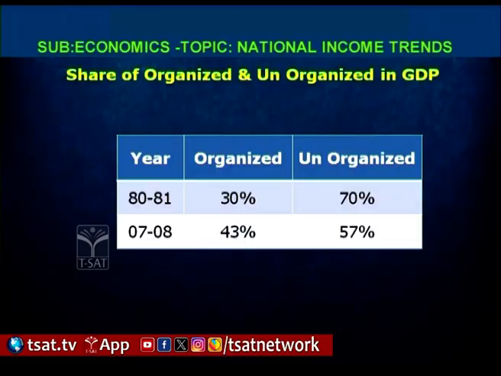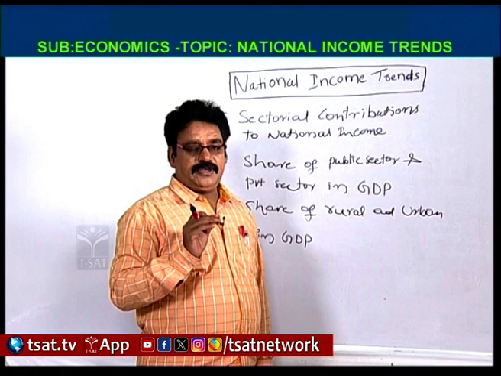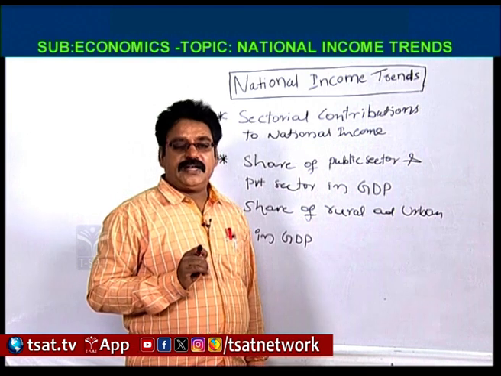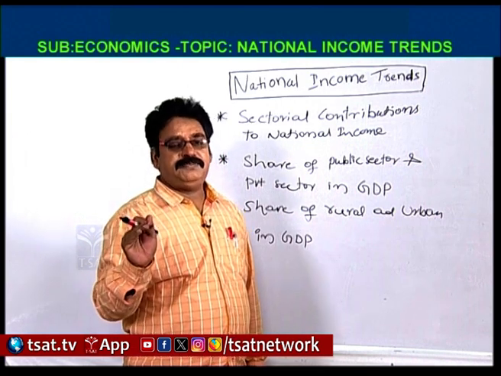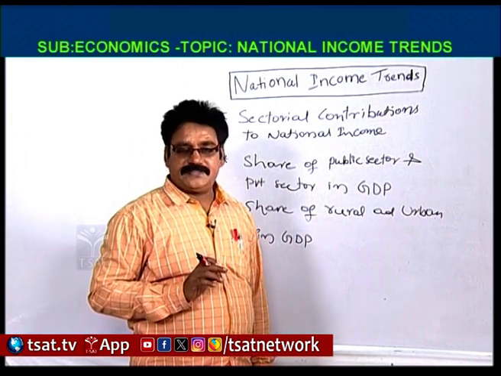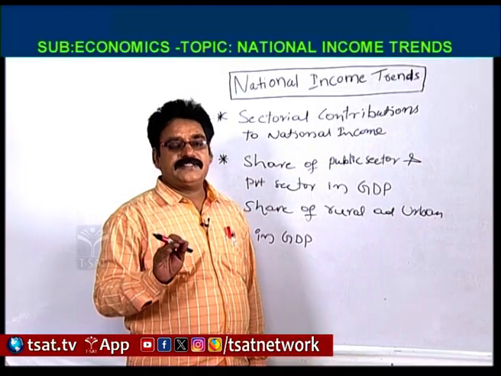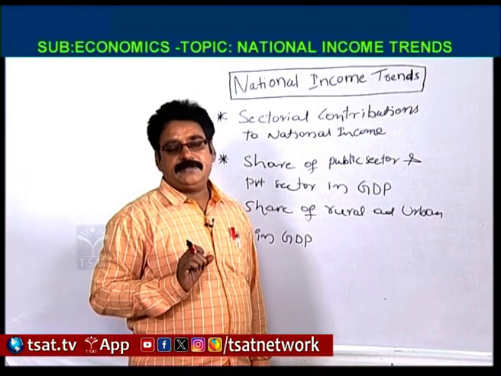If we observe the contribution coming from the organized and unorganized, the unorganized sector is playing a major role in the contribution to GDP. During 1980-81, 70% of the GDP was contributed by the unorganized sector, whereas the organized sector contributed only 30%.